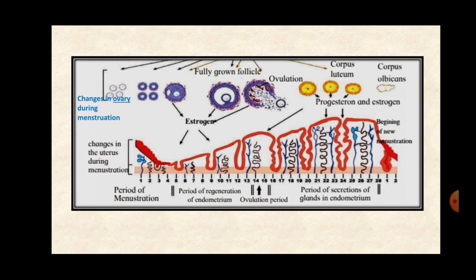The endometrium will not have its secretions, hence it will degenerate. Again the bleeding phase occurs. So this cycle goes on for approximately 28 days. And this is the menstrual cycle, which is very important for us to understand as well as study.